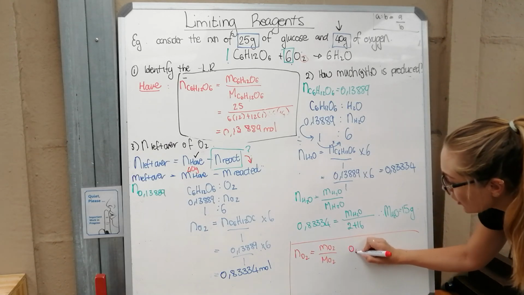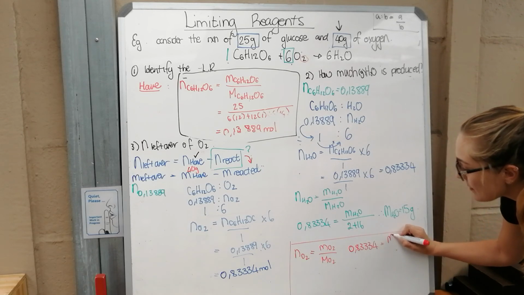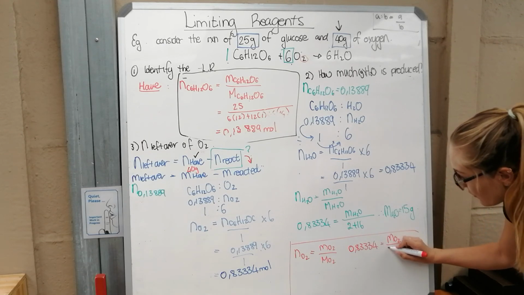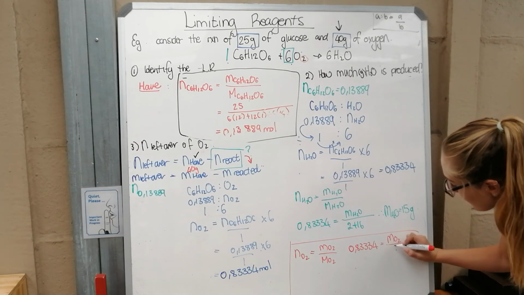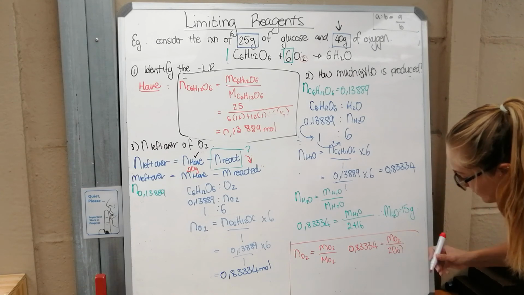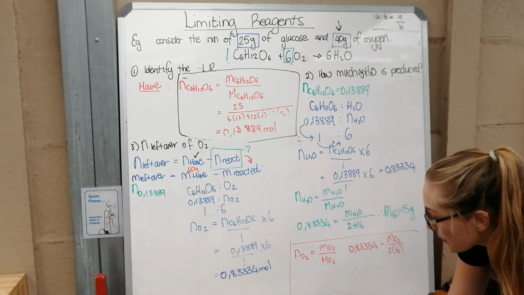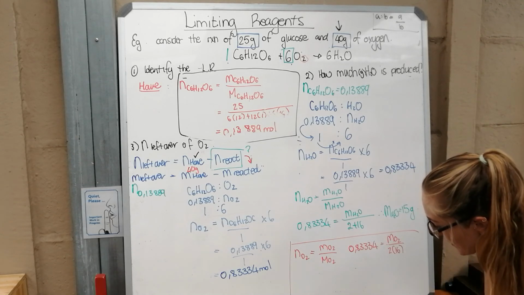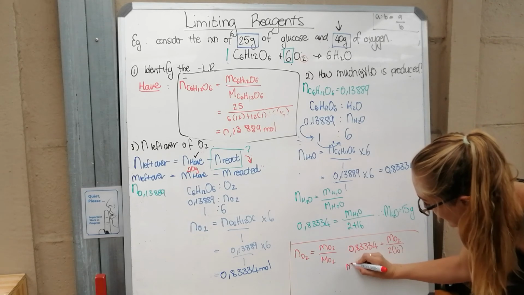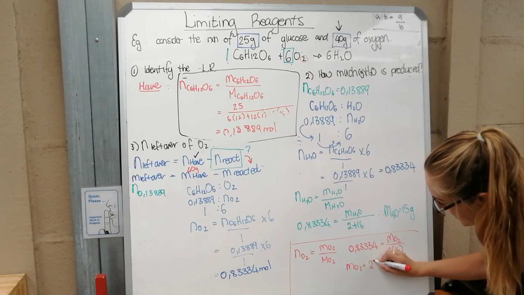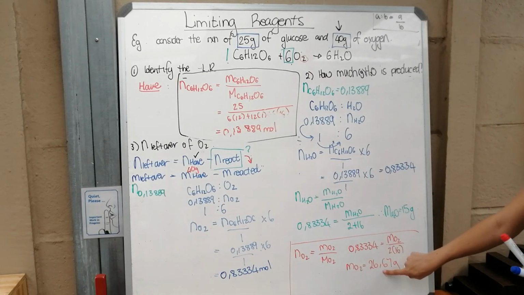So that means 0,8334 equals the mass of oxygen that reacted over, sorry, this is not water, it's oxygen, over 2 times 16. So we've got 0,8334 multiplied by 32, and we get that the mass of oxygen that reacted was 26,67 grams.